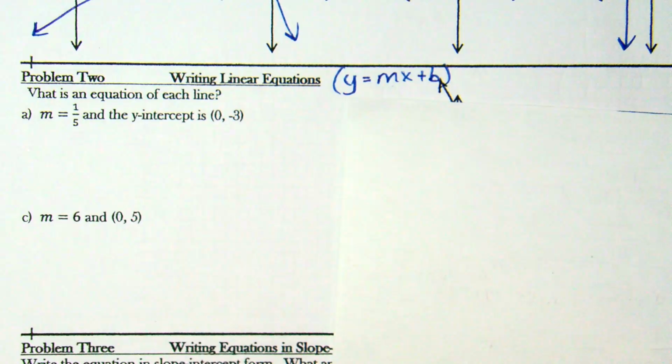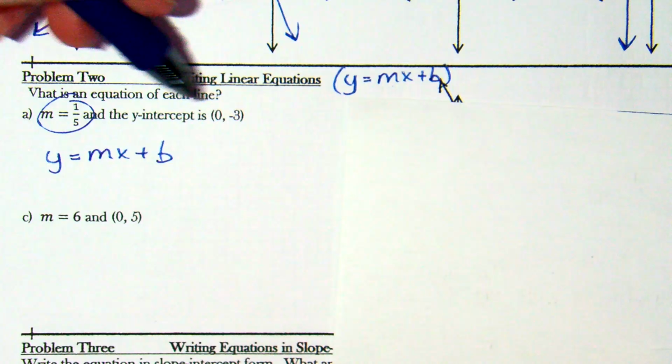So the idea of y equals mx plus b. How do I write that equation? What do you know? Y-intercept and slope. m equals 1/5. What are you going to do?